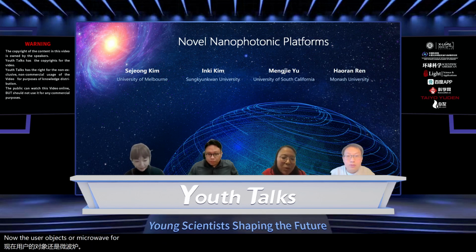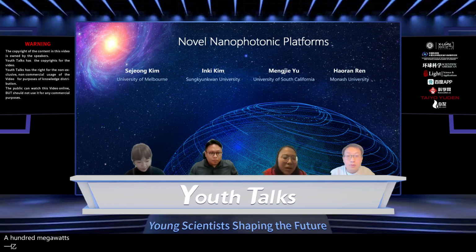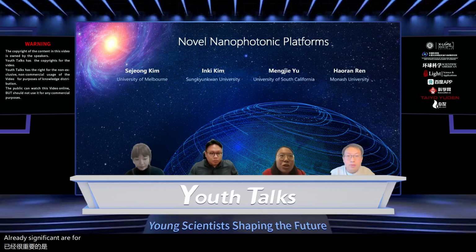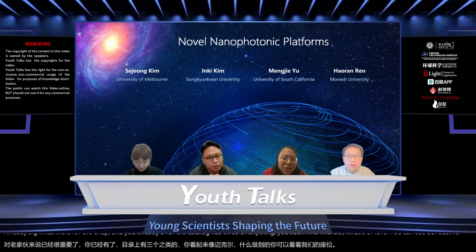We have demonstrated 100% conversion efficiency using 100 milliwatts of microwave power, which is already significant. For on-chip Chi2 or Chi3, you already see very efficient processes using milliwatts or microwatts of power.